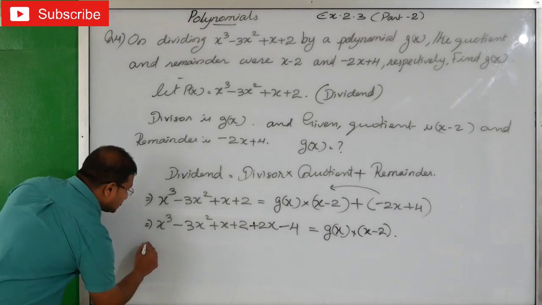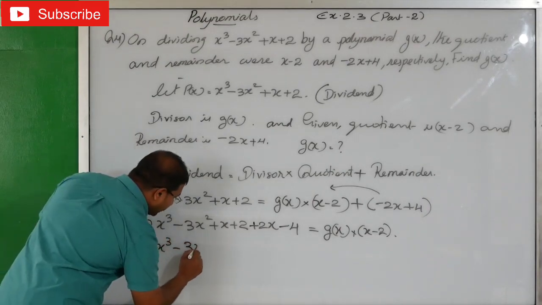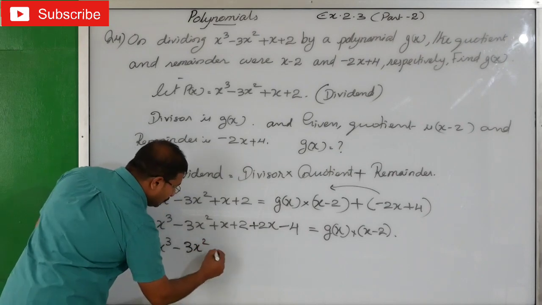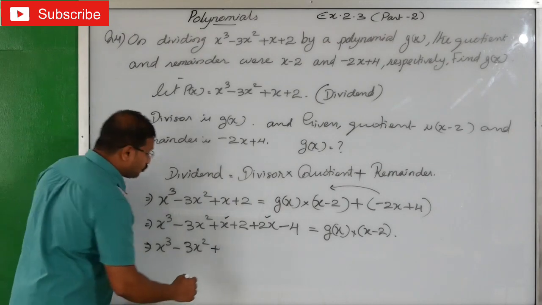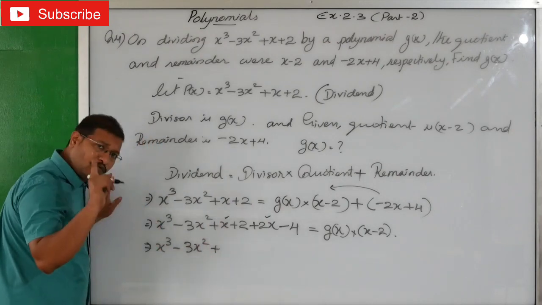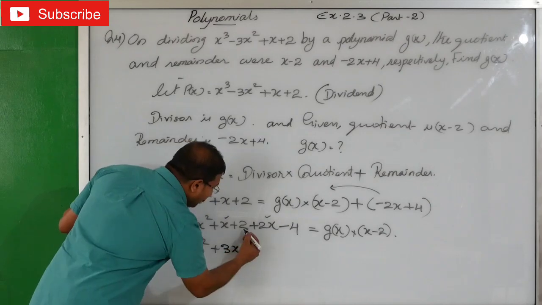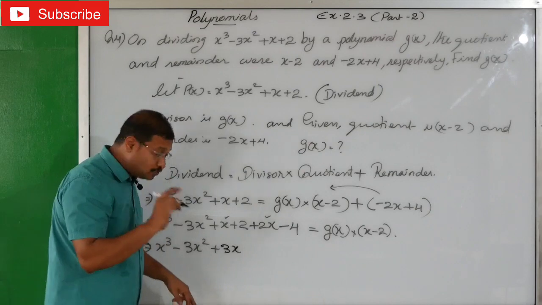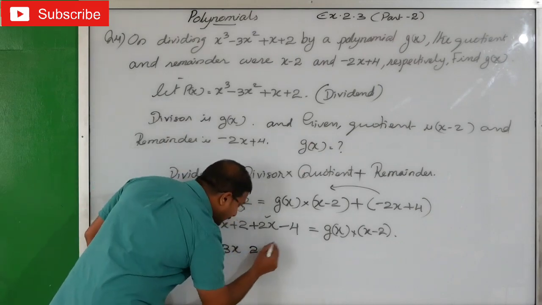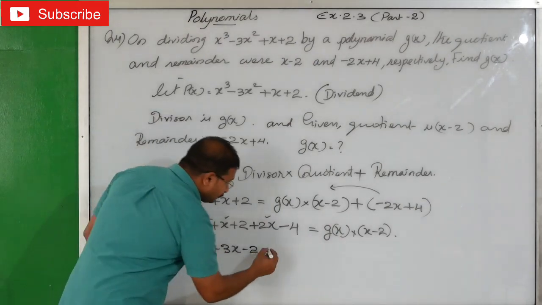This implies x cube minus 3x square. Now plus x plus 2x. X plus 2x, 3x. X means 1x, so 1x plus 2x is 3x. Now plus 2 minus 4. Plus into minus, minus 4 minus 2, 2. But of course the bigger number is minus, so the answer is minus 2.